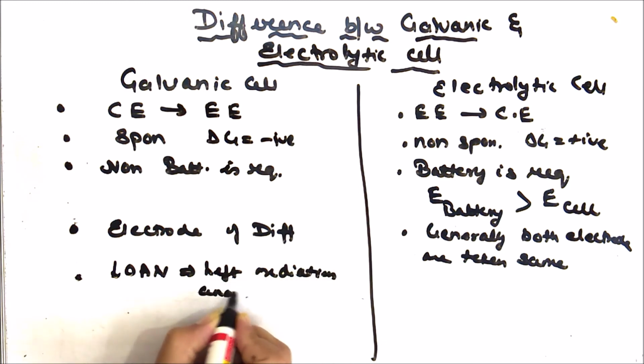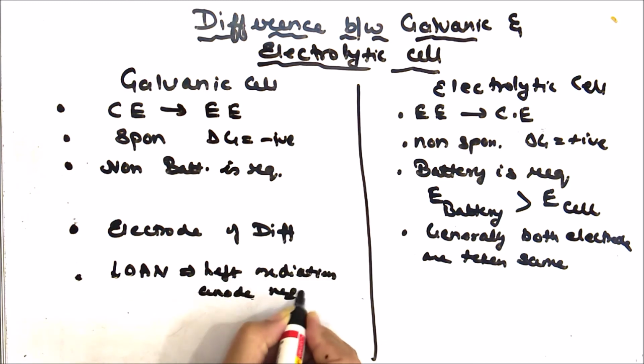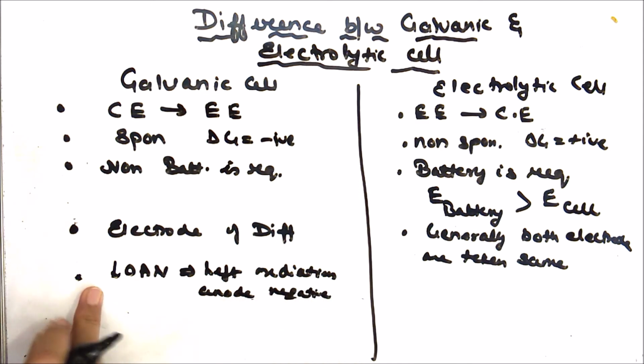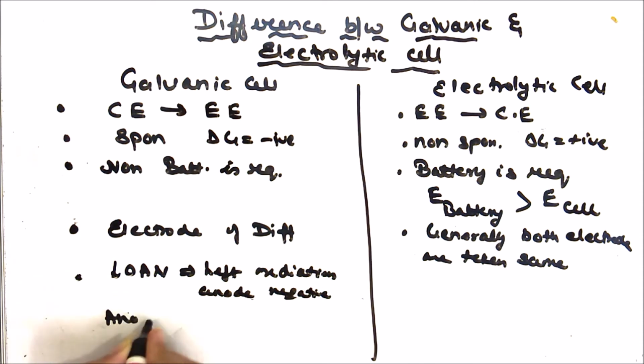A stands for anode, N stands for negative. So over here on the left hand side oxidation will take place, and that electrode will be the anode and it will be of negative charge. In short, we can say that over here anode is of negative charge and cathode is positive, right?